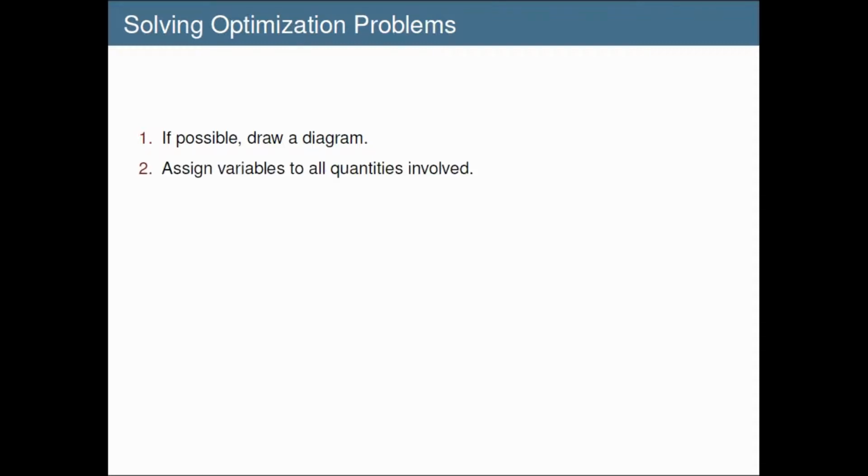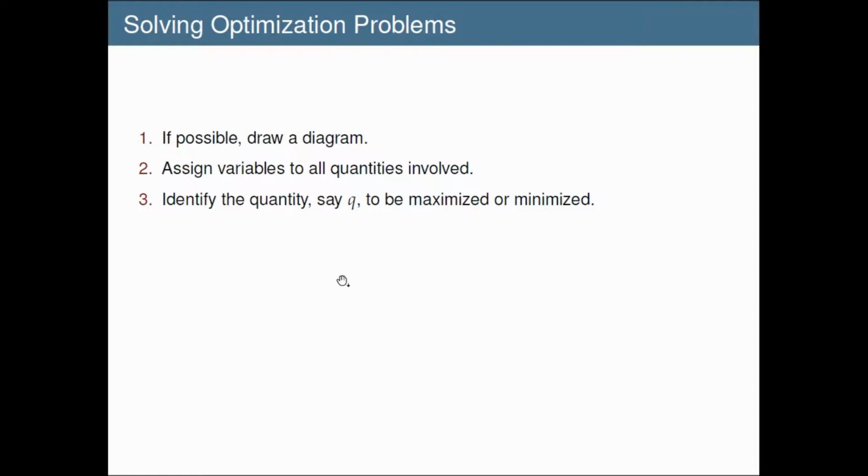We now mention the steps in solving optimization problems. First, if possible, draw a diagram. Next, assign variables to all quantities involved. Next, identify the quantity to be maximized or minimized.